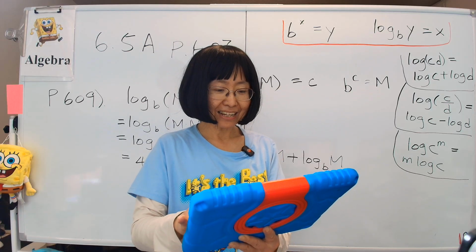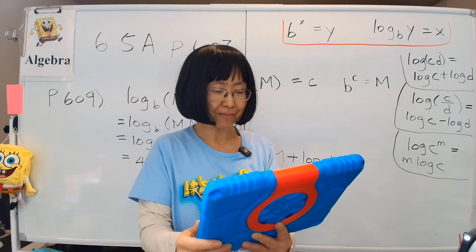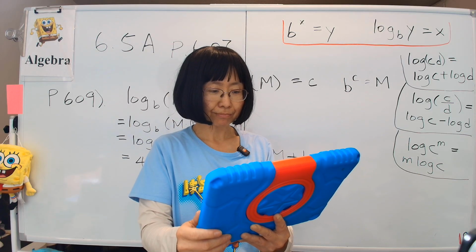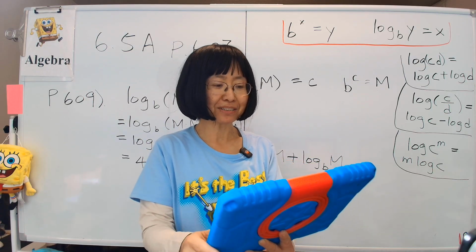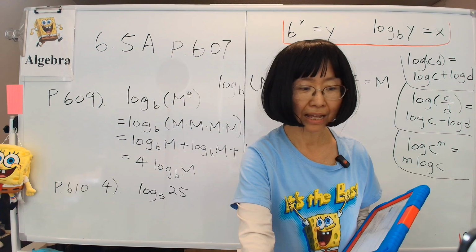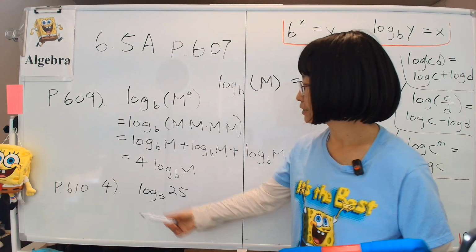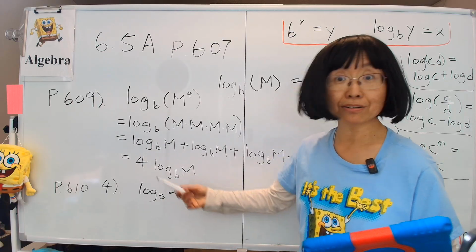Okay, and then you can also do it the other way, I think. Never mind the other way. Right now we're just doing something like this. So let's look at example 4. Example 4 on page 610 says we need to simplify this thing.